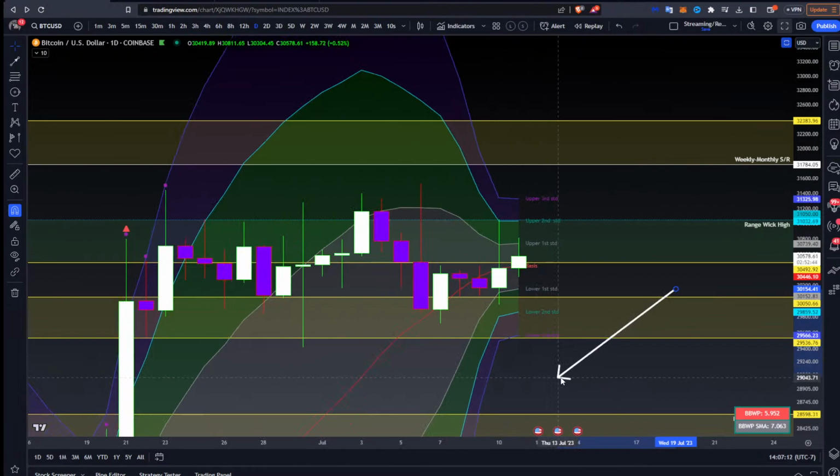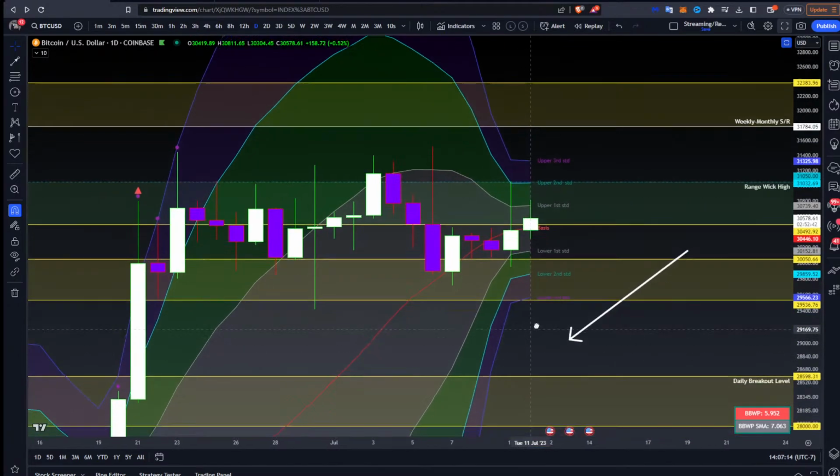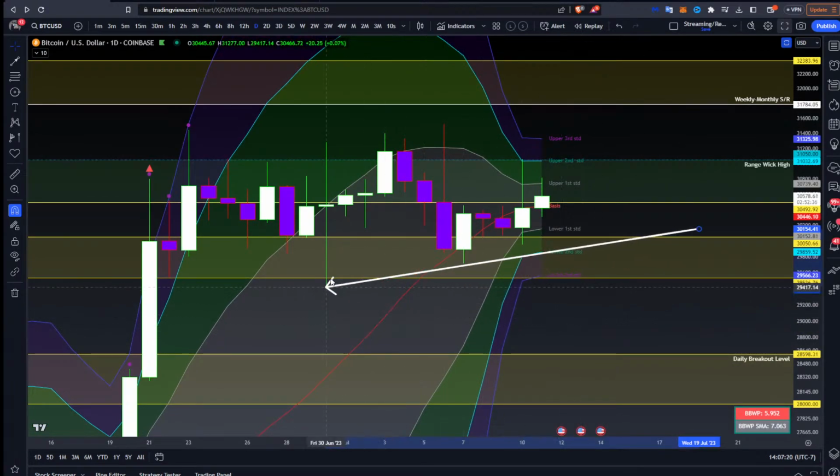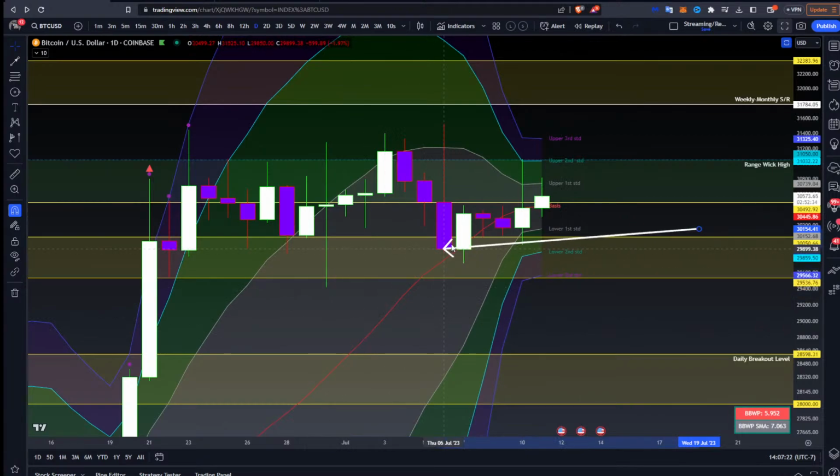There's some 12-hour close opens there. I believe there's some 4-hour highs in that area. That would be 29 or so that then bounce and reclaim the range wick low, and especially the close open lows down here at, what is this open at? That is just under $30,000 at 29.9.